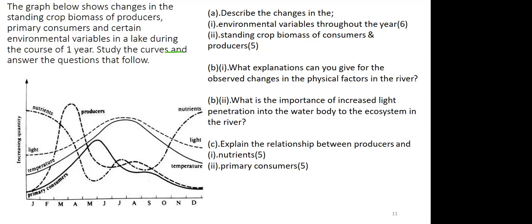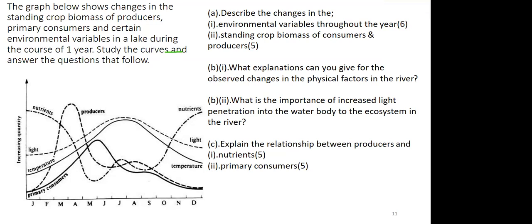Okay, probably we are going to have competition and most of them are dying due to insufficient nutrients. Okay, and then when the nutrients start rising again, then we see that the producers also start rising.